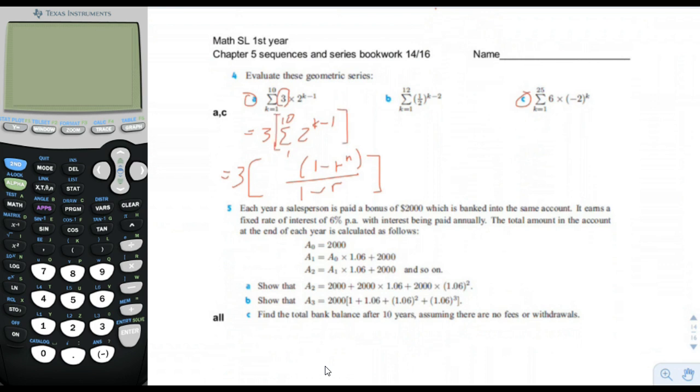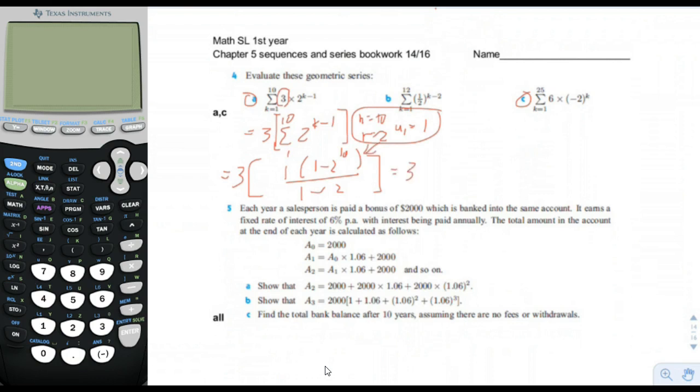So the u1 would be 2 to the 0, which is 1. Okay? And then r is equal to 2. And n is the 10th, right? Because it goes from 1 through 10. Okay, so we know that n equals 10, we know that r equals 2, and we know that u1 equals 1, and that's how we filled in that formula.